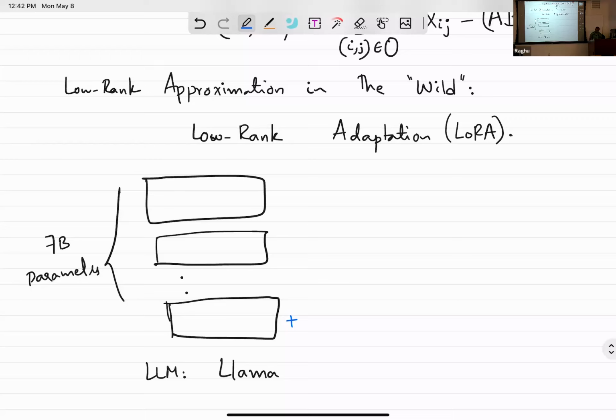Okay, so all of these weights are known. I'm going to try and adapt them by some delta 1, delta 2, and so on, delta depth.